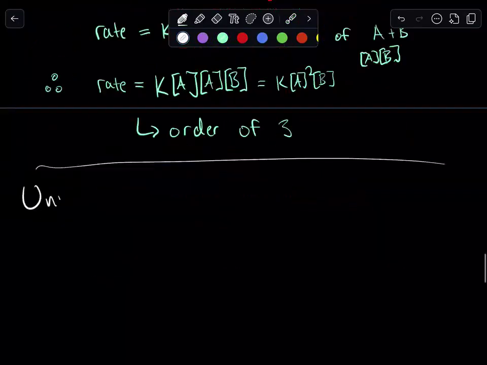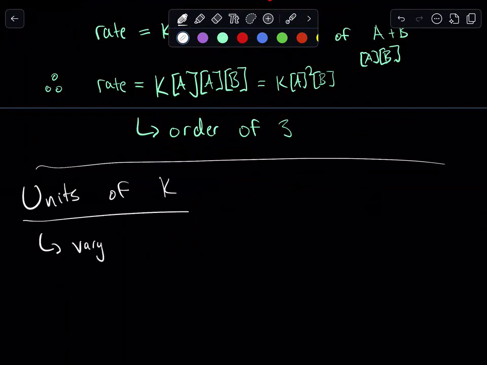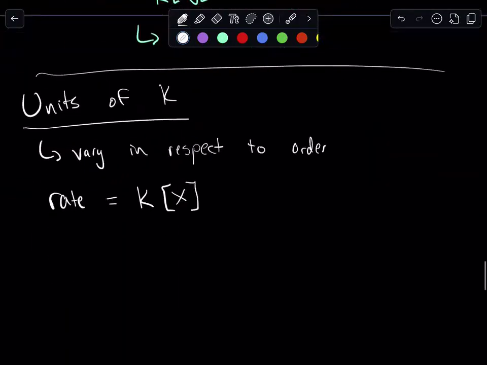We're going to talk about the units of k. How do we determine them? Well, the thing is, they vary in respect to order. And this kind of makes a little bit of sense. If we look at the rate law, rate is equal to k times some reactant X. We know that rate has units of mol dm^-3 s^-1.